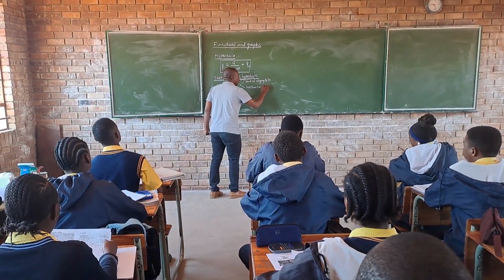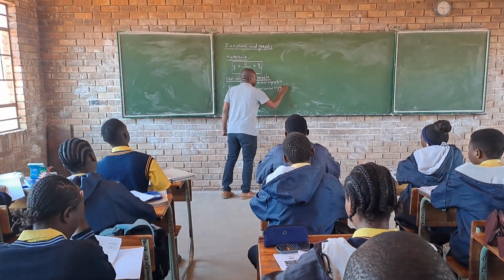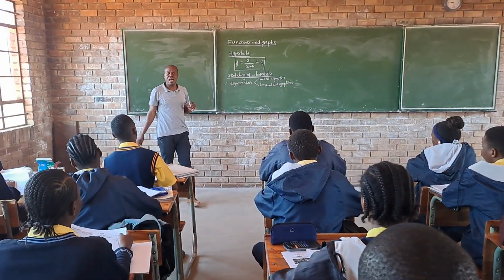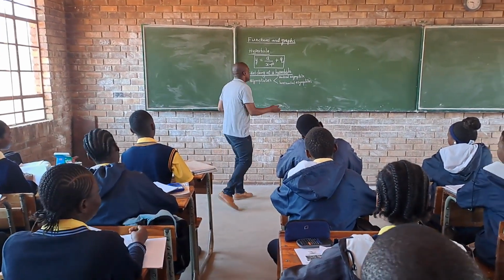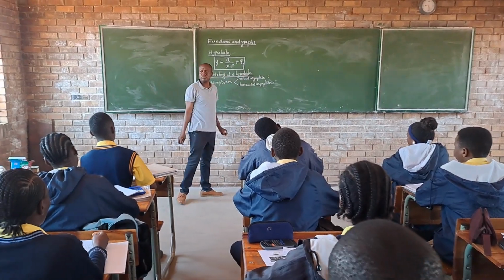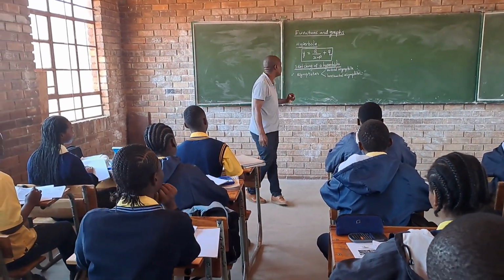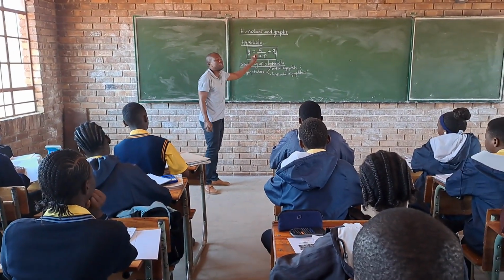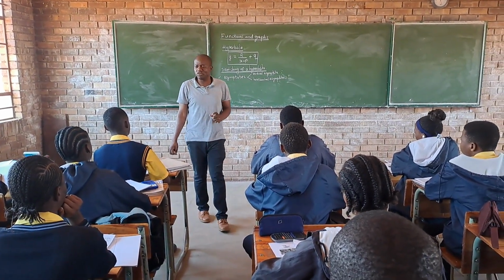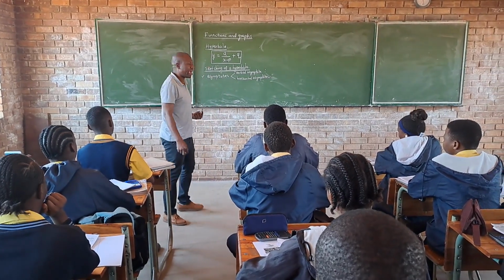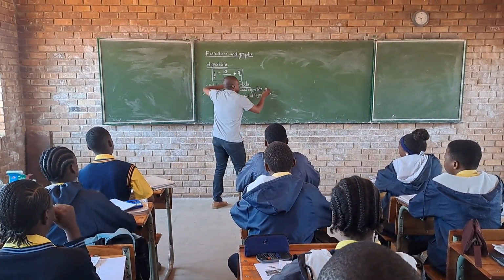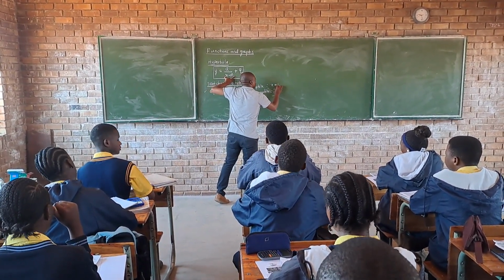The vertical asymptote has to do with x. So the denominator, x minus p, should be equal to 0, because any number divided by 0 is undefined. Which means the vertical asymptote will be x equals p.